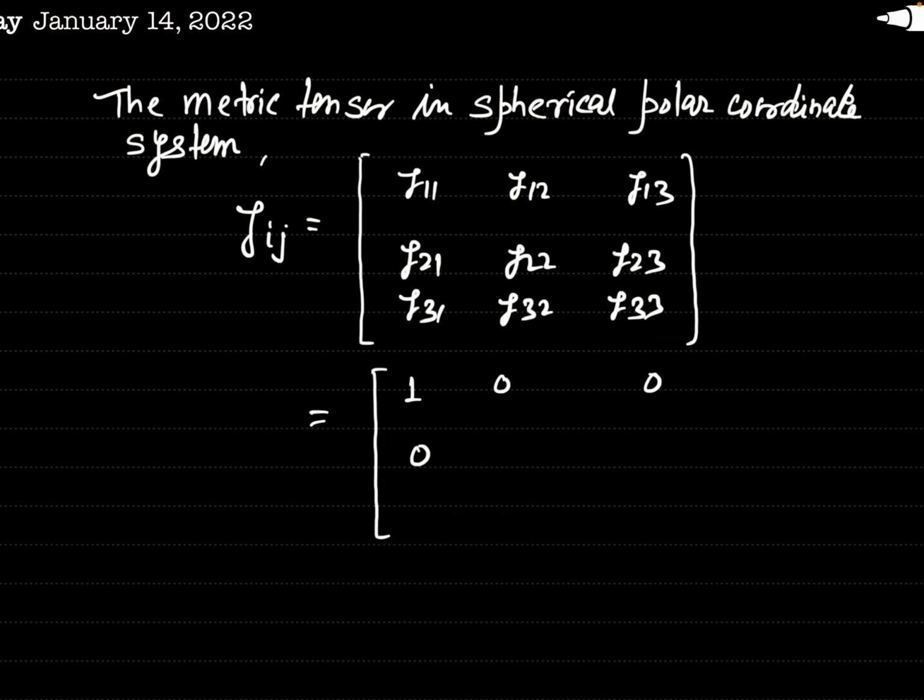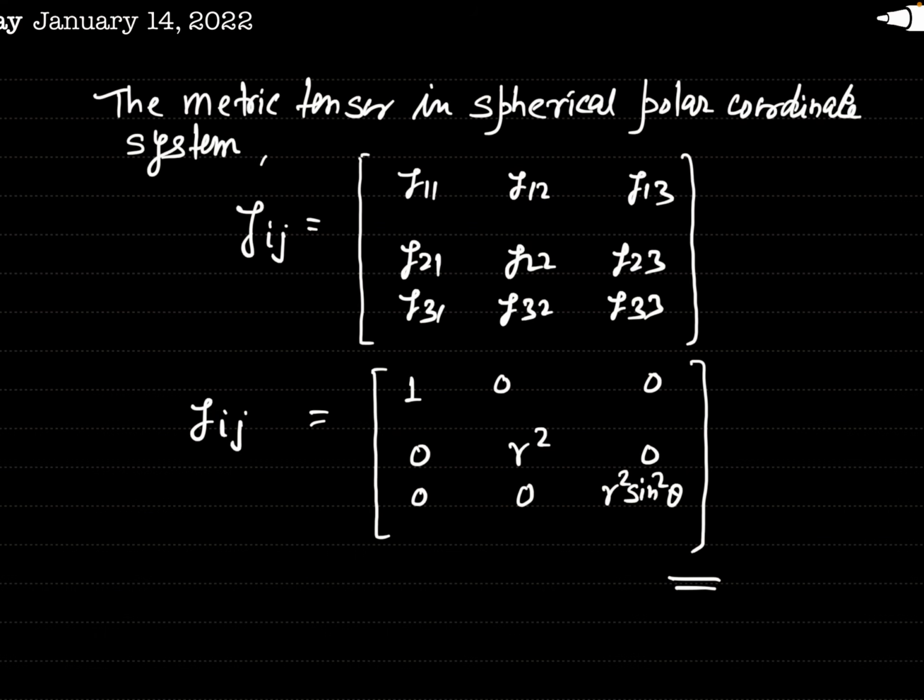G21 is also 0. G22 was r square, you have seen. And G31 is 0. G32 is also 0. But G33 is r square sine square theta. So in matrix form, you may write the metric tensor in a spherical polar coordinate system like this.